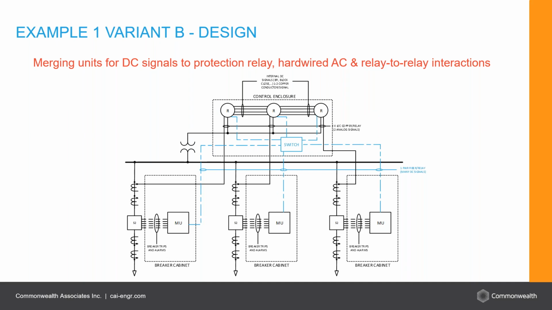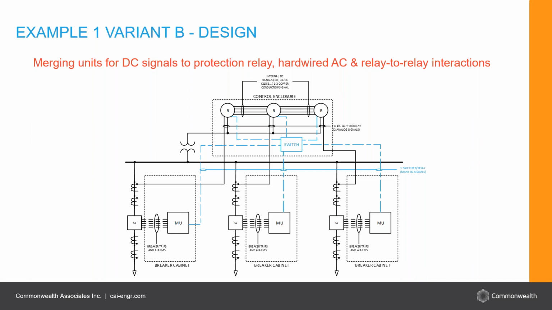Our variant B of example 1 is very similar, except instead of a point-to-point type of communication between the merging unit and the relay, we now have an Ethernet switch present. So these pieces of information are now published out onto a network. CoStub earlier was talking about unicast versus multicast.